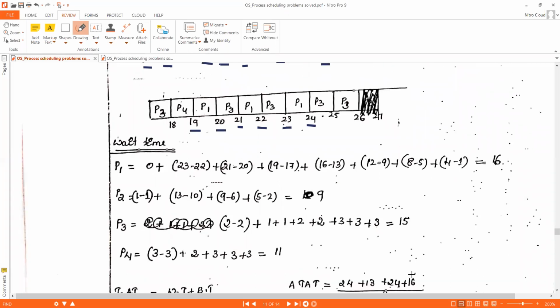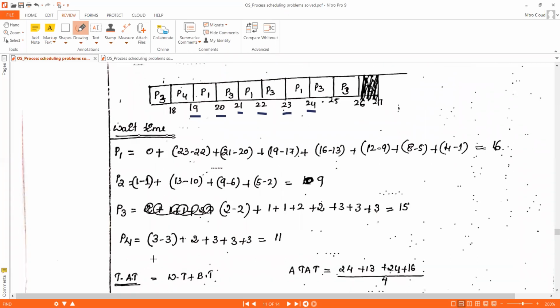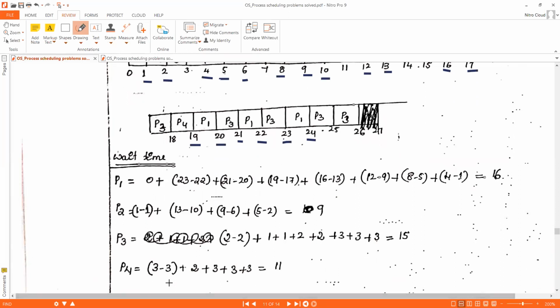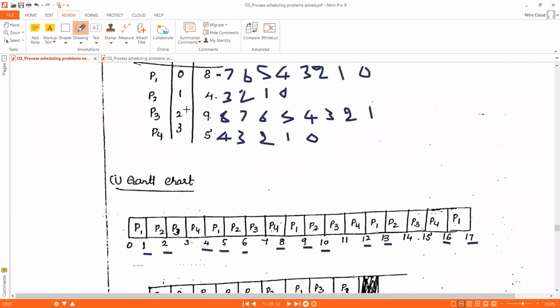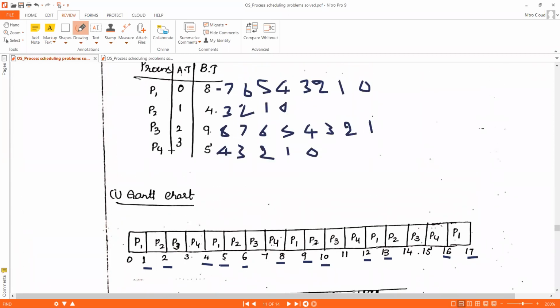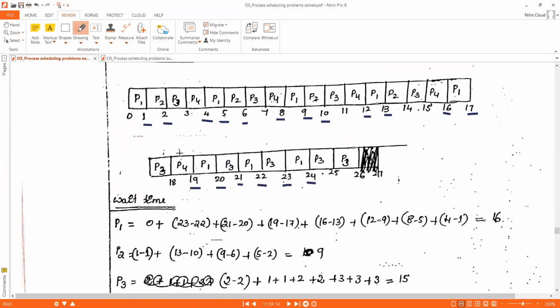How to calculate the waiting time? First, we need to write the allotted time minus its arrival time. Here, process P4's initial allotted time is 3. 3 minus its arrival time, which is 3. 3 minus 3 is 0.